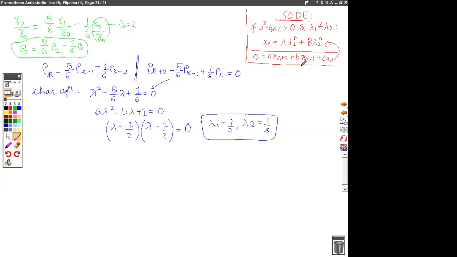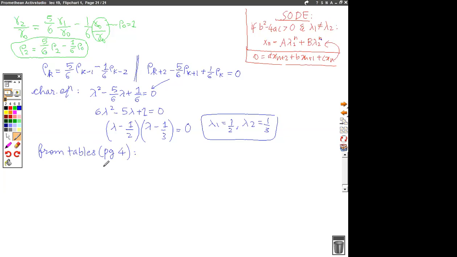So what I have here is a lambda 1 raised to n plus b lambda 2 raised to n, and here I have x n, and these a and b are just the constants that we do not know yet, which we have to figure out. So I will write here from the table booklet, page number 4.